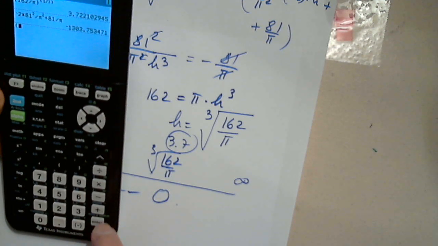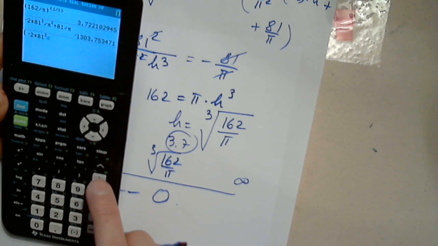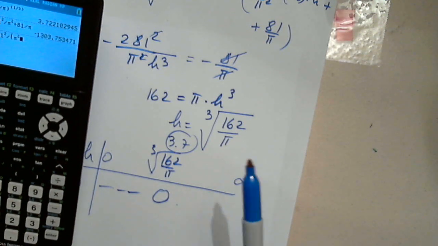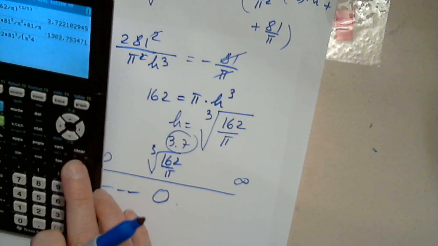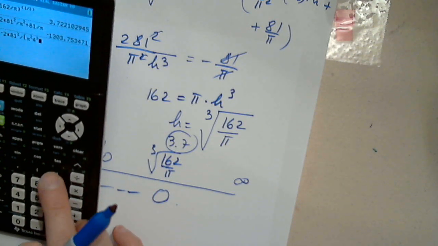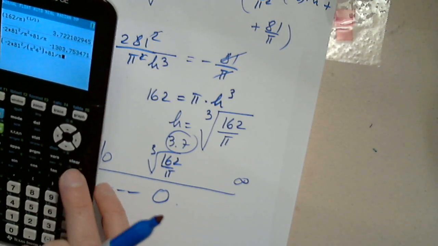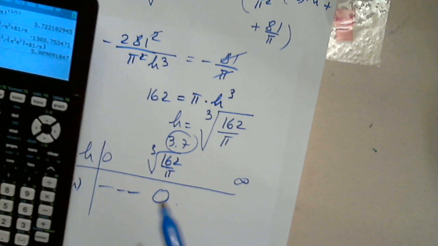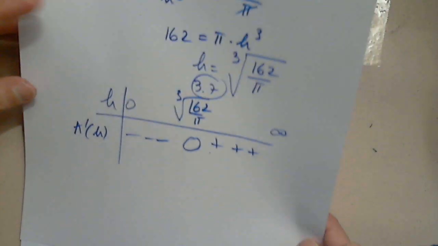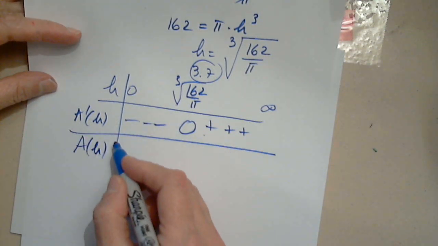So, parentheses, negative 2 times 81 squared divided by, in parentheses, pi squared, but multiplied by 4 to the 3rd power, and then plus 81 divided by pi, and I got a positive number. And finally, this is it. Mason, we found it. Oh, perfect. Yes, so here it is.